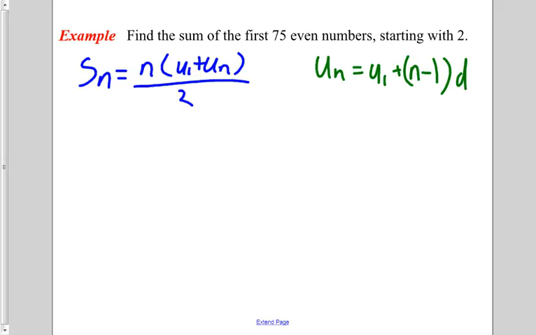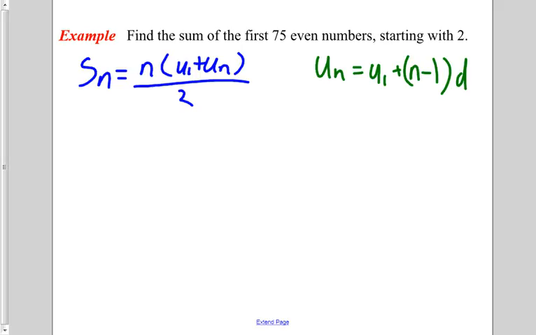Now, let's do an example. Find the sum of the first 75 even numbers starting with 2. So, I have my arithmetic series formula, Sn, and I know how to find un: un equals u1 plus the number of terms minus 1 times the dilation.